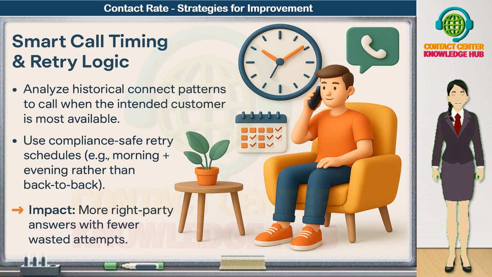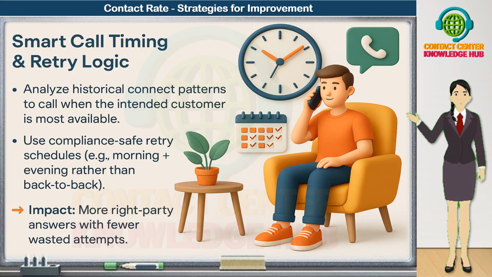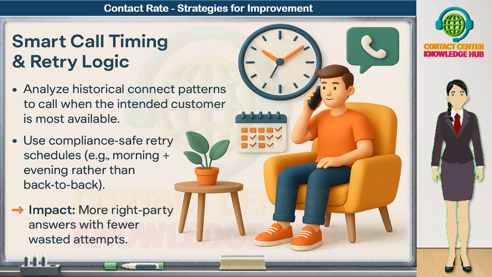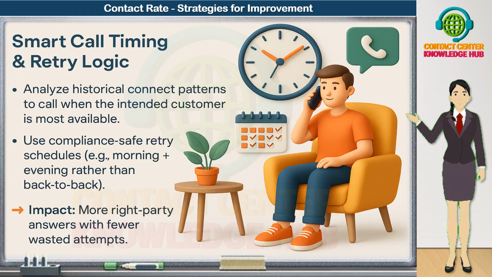Another highly effective strategy for improving contact rate is smart call timing and retry logic. Timing truly is everything in outbound communication. By analyzing historical connect patterns, you can identify when your customers are most likely to answer, whether it's early lunch hour or evening. AI and analytics tools can detect these trends automatically and schedule calls at the most productive times.